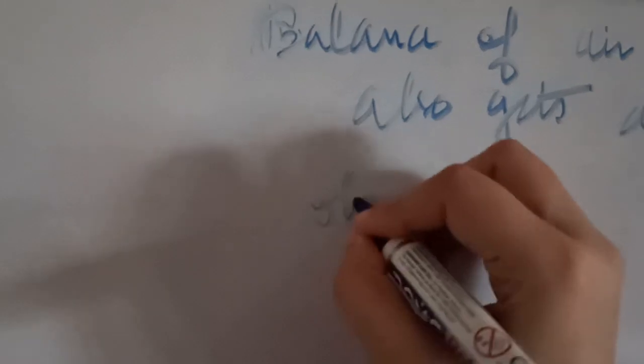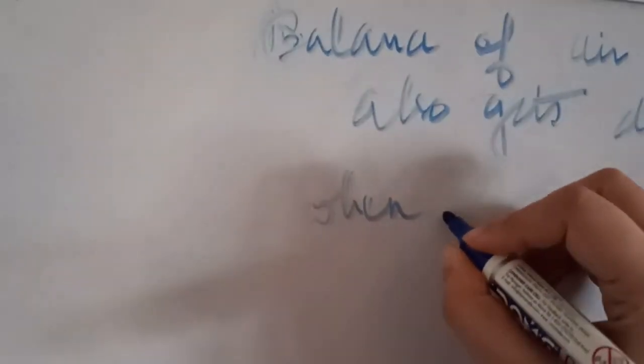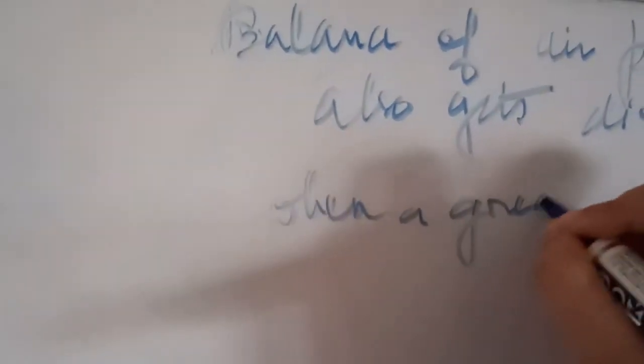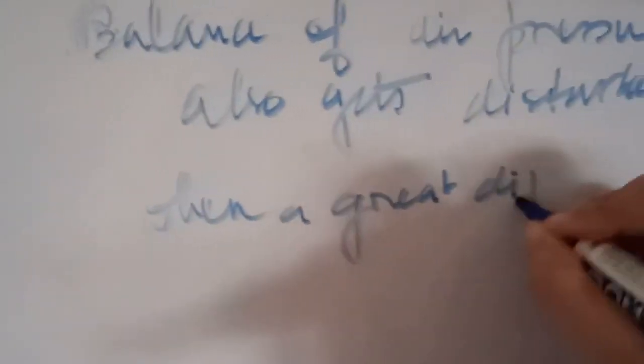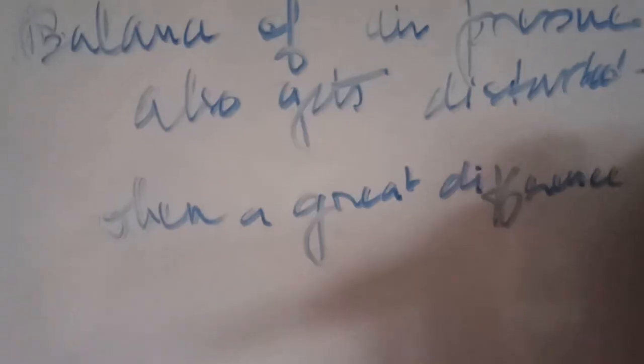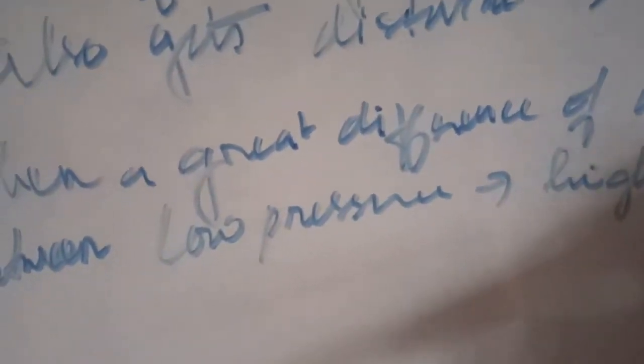When a great difference of air pressure occurs between the low pressure zone and the high pressure zone, so in order to maintain the balance, what happens?